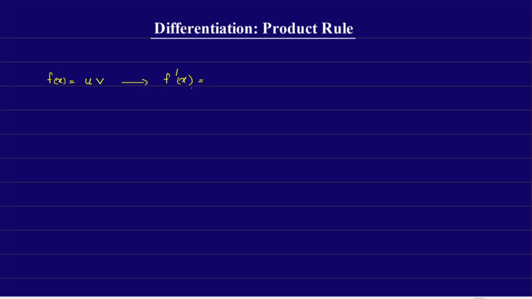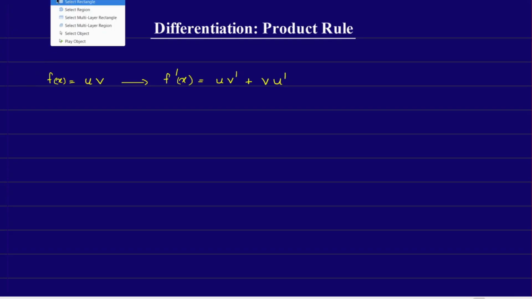According to the product rule, f dash x is equal to u into v dash, function u into the derivative of function v, plus function v into the derivative of function u, which is denoted as u dash. So this is what we call the product rule.